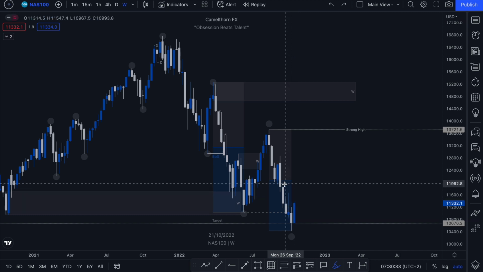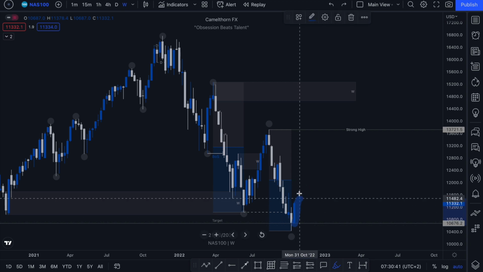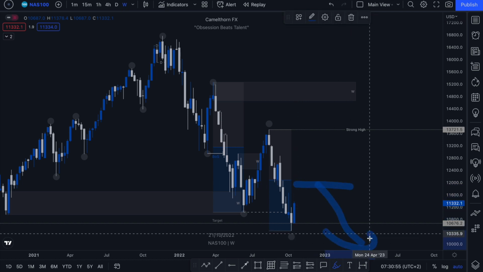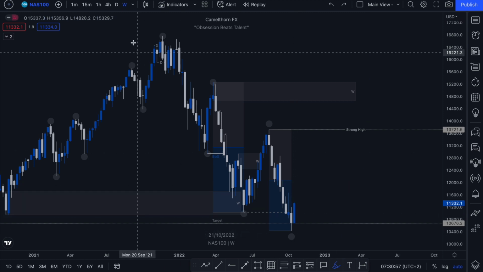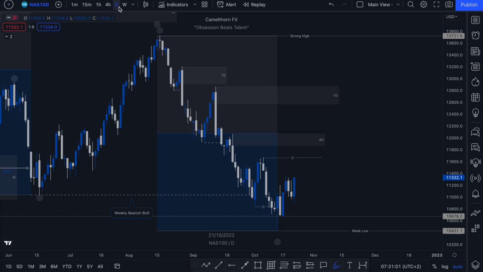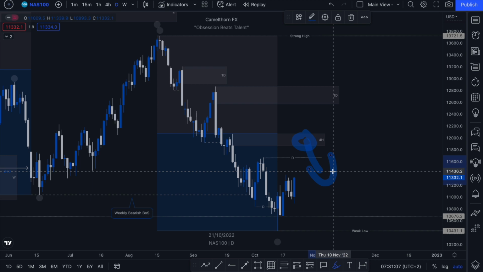And I don't think that 4-hour candle or that 4-hour supply zone that sits in here will be enough to stall what looks to be a lot of bullishness stepping into the market and cause price to then turn bearish, right? So I think there is a bit too much bullish volume that's stepping into the market for this 4-hour to be the supply zone that pushes price all the way down.